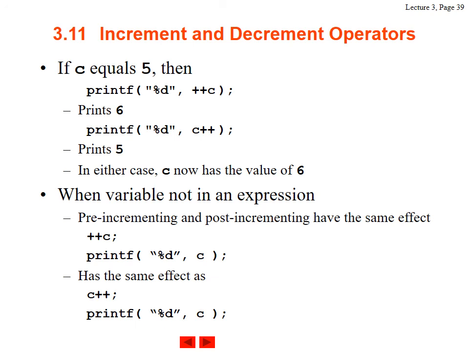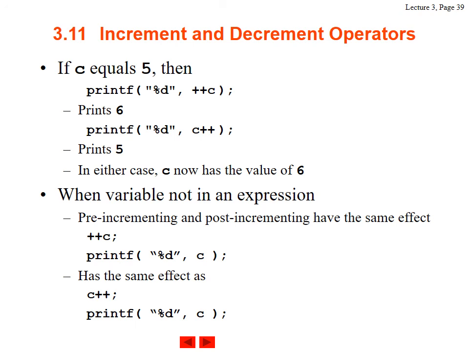Then if C equals 5, printf with C++, right? So here it will print 5, and do the operation after the statement, right? Then it gives you that.